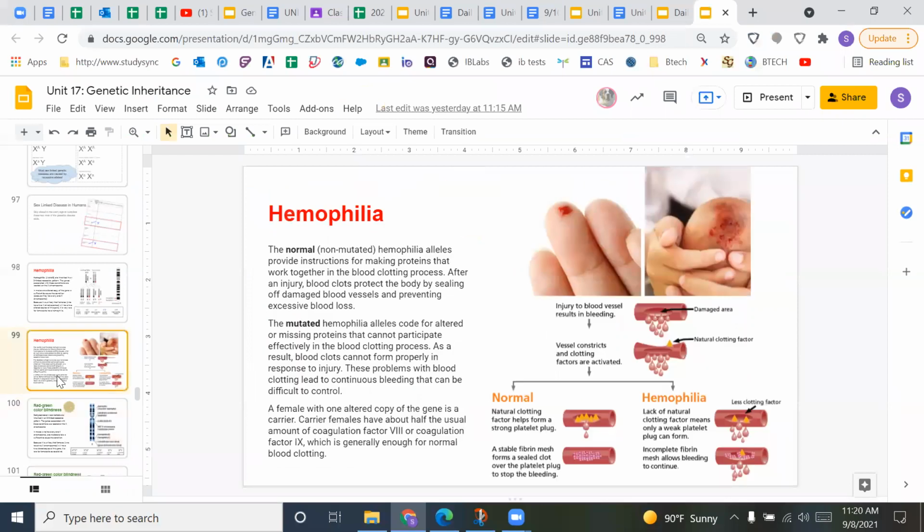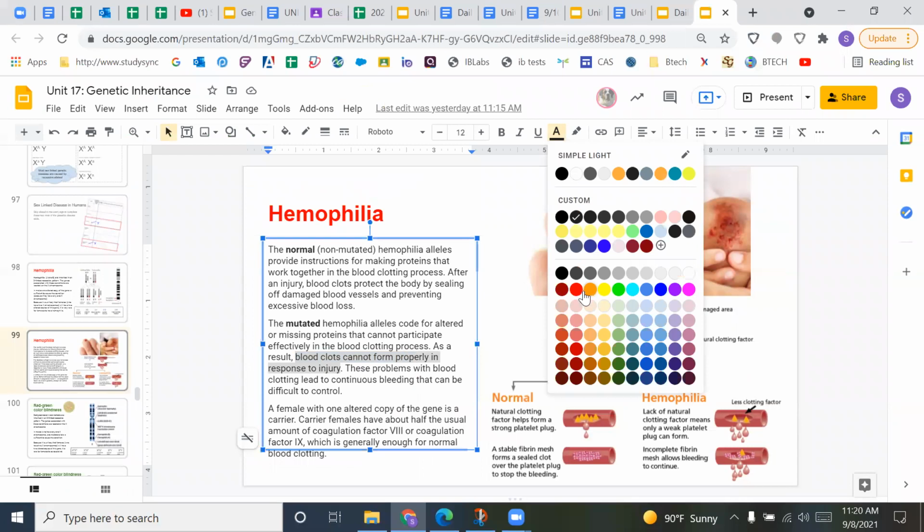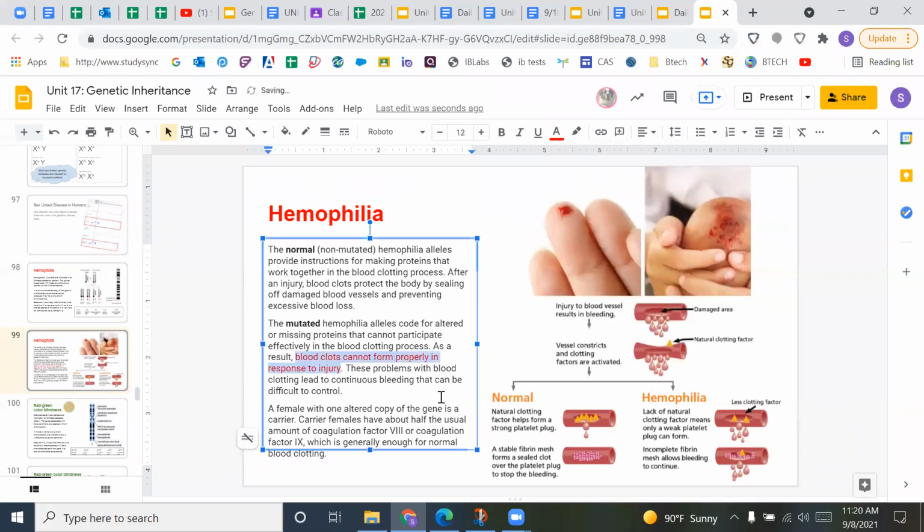That's what I would write down. These problems with blood clotting lead to continuous bleeding that can be difficult to control.